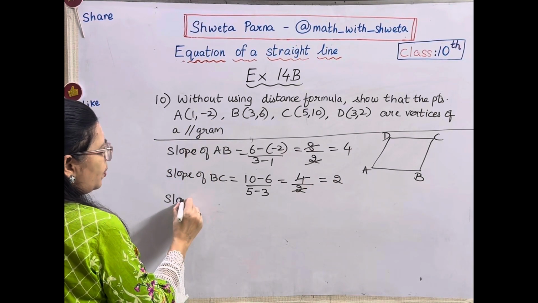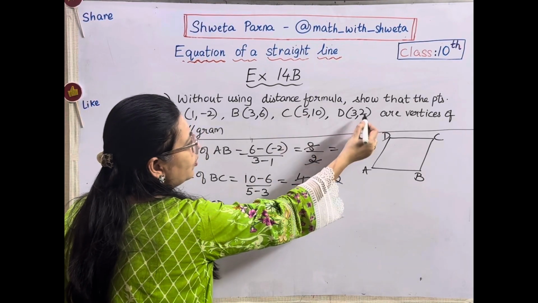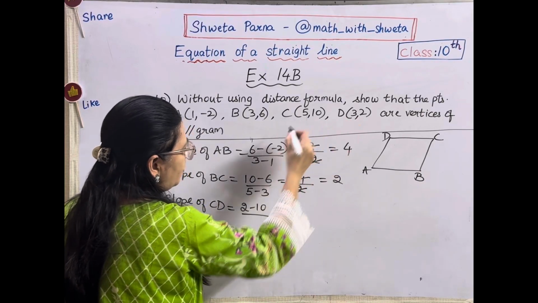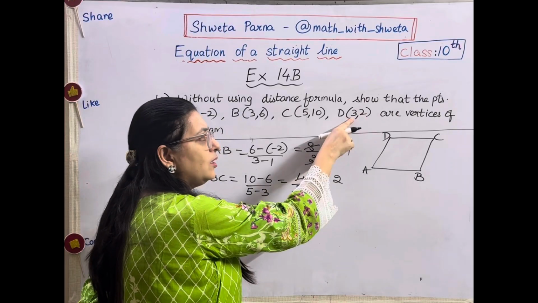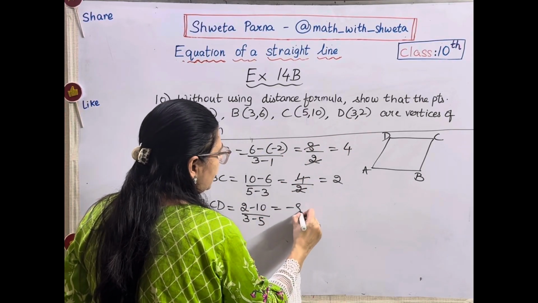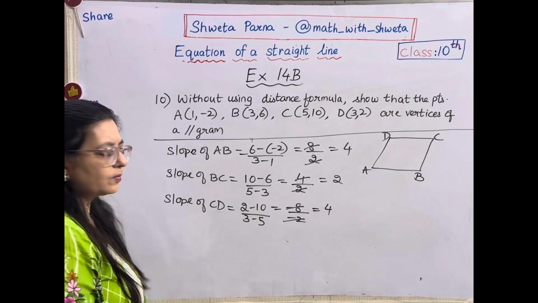Now slope of CD, C and D. So 2 minus 10 upon 3 minus 5. Always remember, if you are taking this as y2, this would be x2 only. Okay. So this is minus 8 upon minus 2, which would be 4.